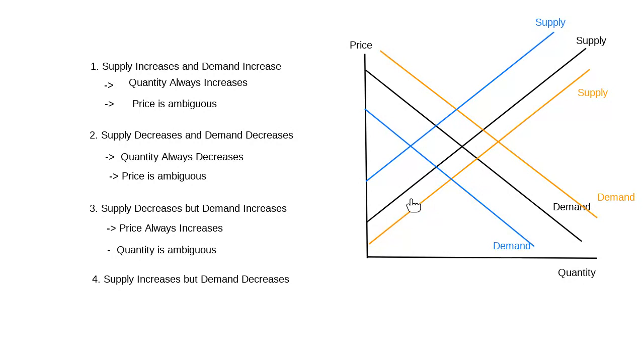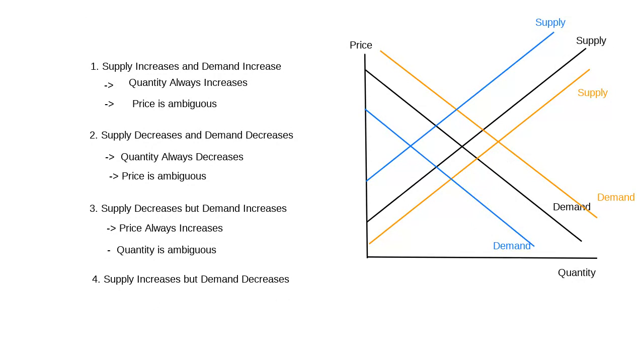So we end up somewhere down here. So here the price is always going down, but the quantity is ambiguous, because it can be left or right. But we're always somewhere in this triangle, because the demand curve is always shifting down this way, and the supply curve is always shifting down this way, to reflect the increase and the decrease.